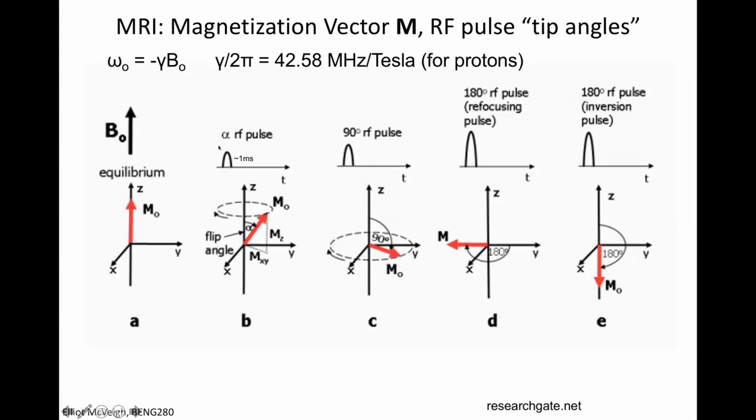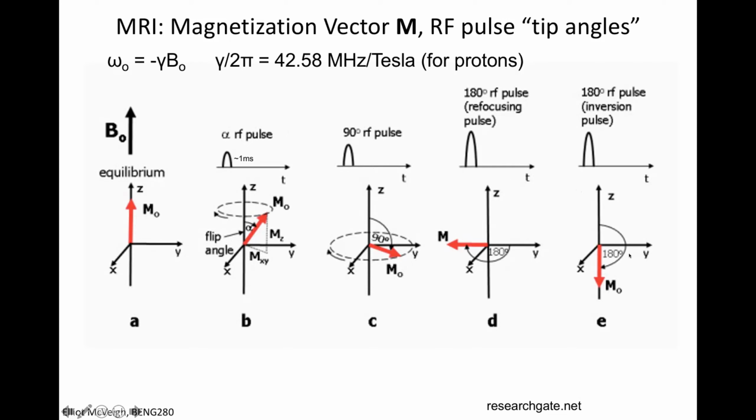If we give a small amplitude pulse, we can tip the magnetization away by a small tip angle and generate a signal from this transverse magnetization that begins to precess. And that gives us a small amount of signal. If I push my amplitude of the RF such that alpha now equals 90 degrees, so I rotate the magnetization all the way into the transverse plane, this now gives me the maximum signal possible after a single RF pulse. That's called a 90-degree RF pulse.